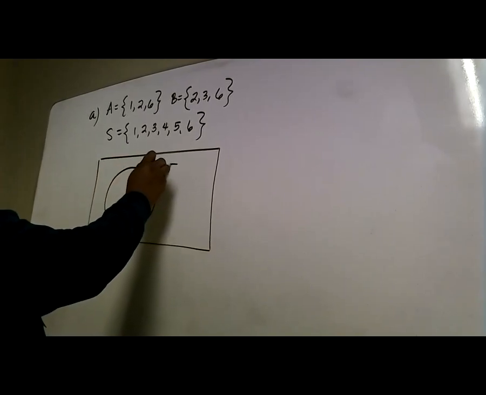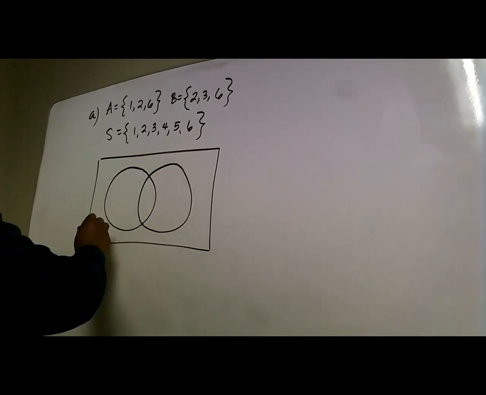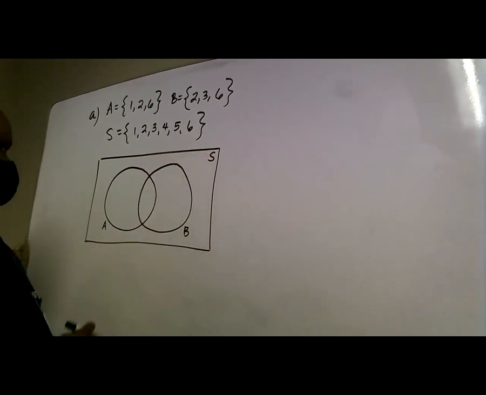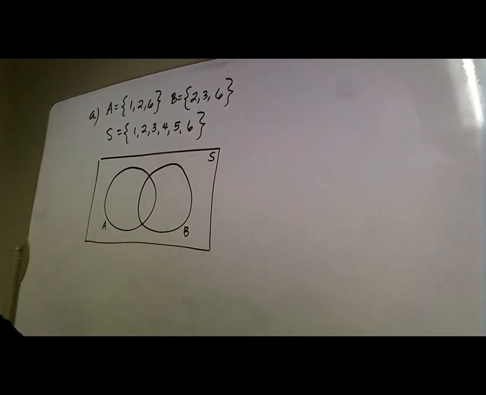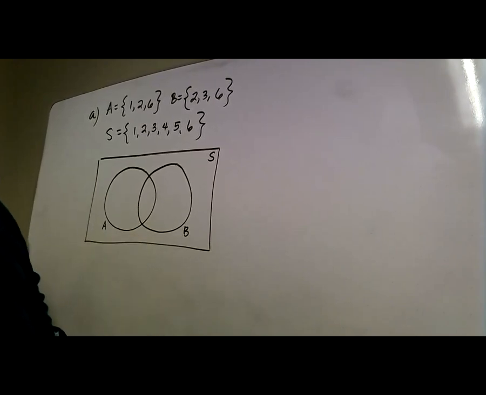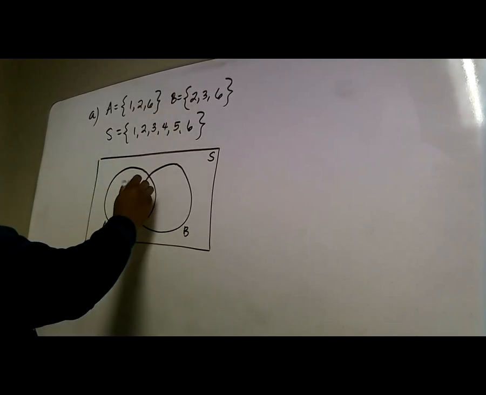So my circles will be intersecting like this. So this will be A, that's B, and I'm going to say S is the sample space. So what goes inside these two intersecting circles would be the 2 and the 6.